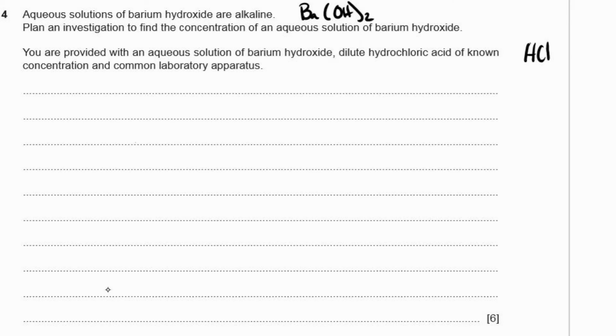So in this reaction, basically we have barium hydroxide, Ba(OH)2, plus HCl. We have an alkali plus an acid, produces a salt. So that will be BaCl2, because barium is +2, chloride is -1, so they swap.